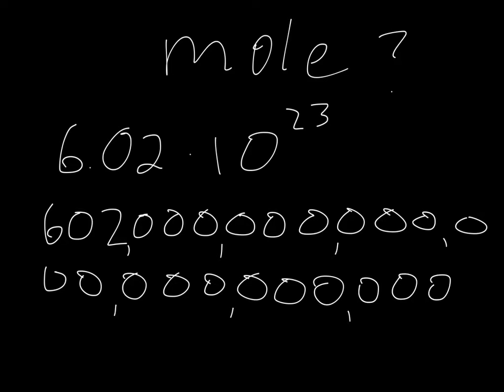Okay, so that's a pretty big number. Well, it turns out that that number is really important because that number represents the number of carbon atoms in exactly 12 grams of carbon.